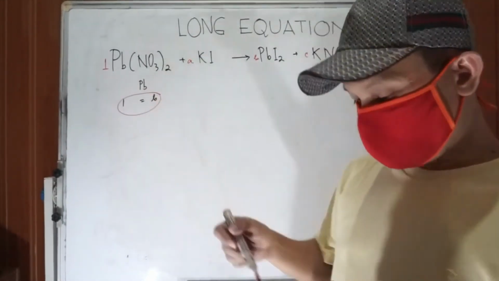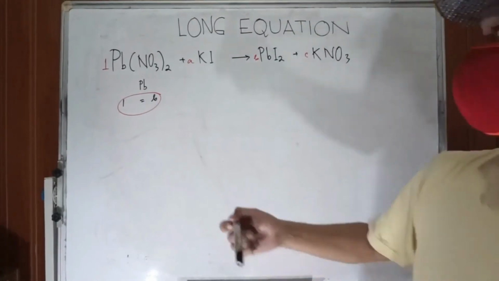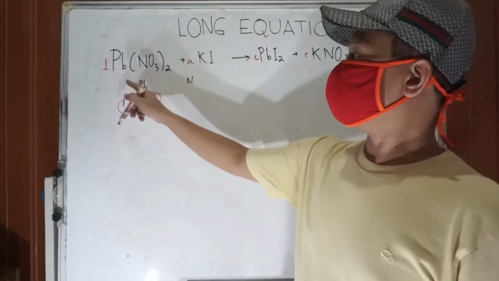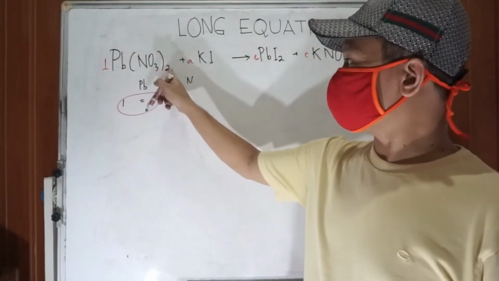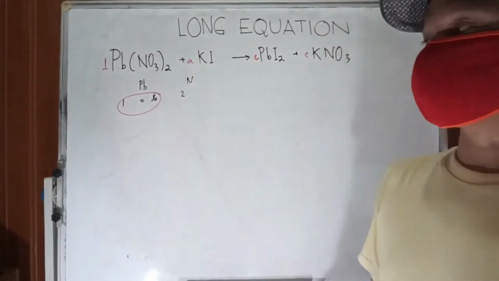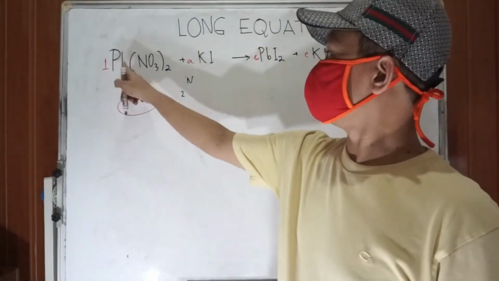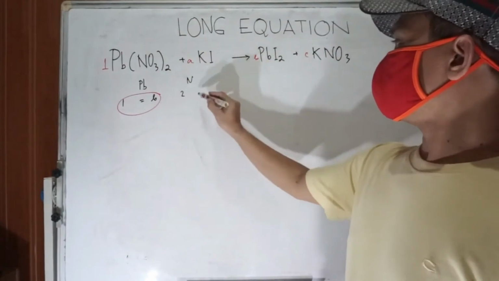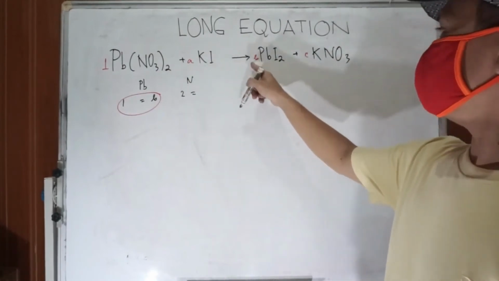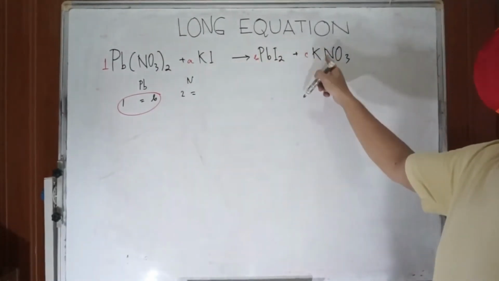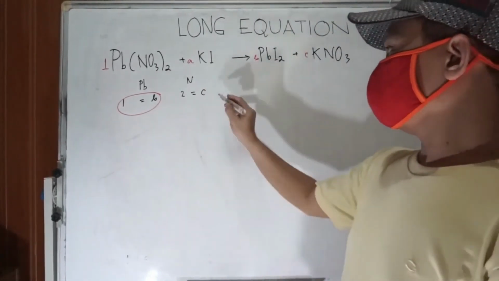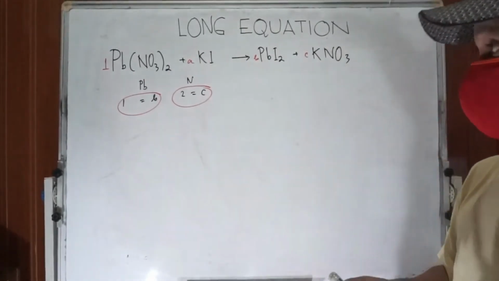Okay. Next, the next element is N, nitrogen. Left, 1 times 1 times 2, 2. And then yield equal. Where is N? Oh, here. C times 1, C. Okay, so you got C equal 2.